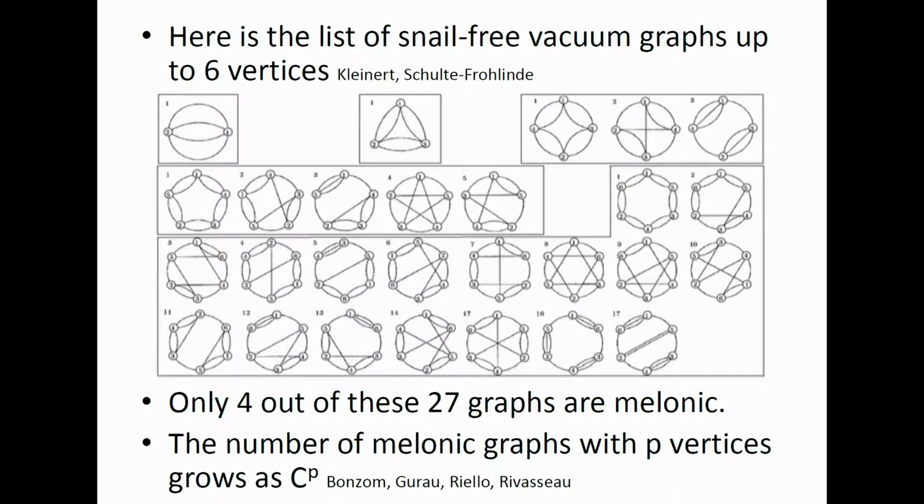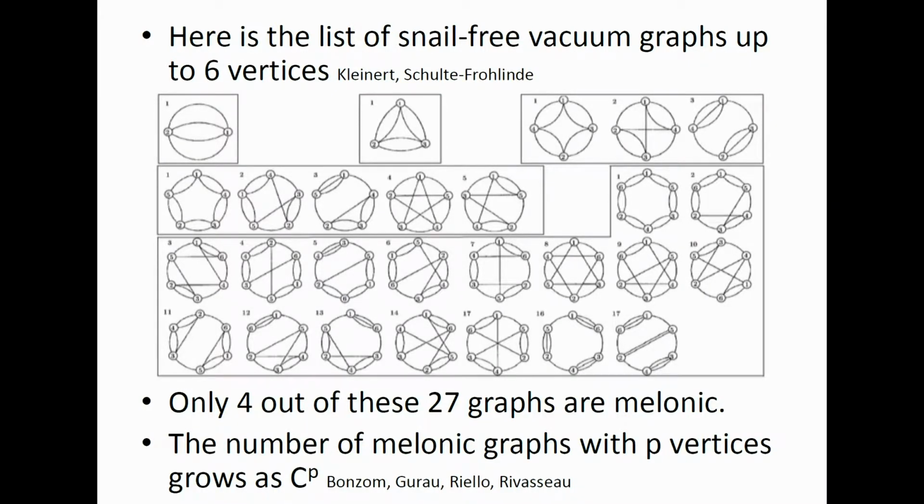In this book, you can find pictures of all vacuum graphs in φ⁴ theory. This is completely arbitrary, you don't assign any labels, but these are the types of graphs you get in φ⁴ theory, and these are the graphs up to g⁶.